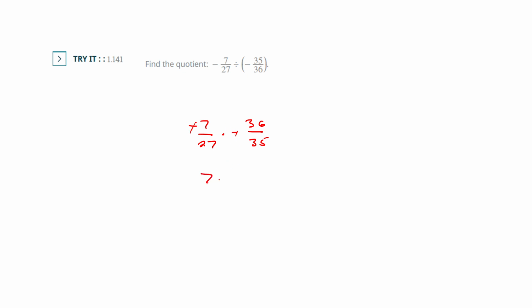So I'm going to then turn this into 36 turns into this. Those are multiplication signs. This is 27. And this is 35. Okay, so I just put all the factors on the top, all the factors on the bottom. I can cancel matches if I can find them.